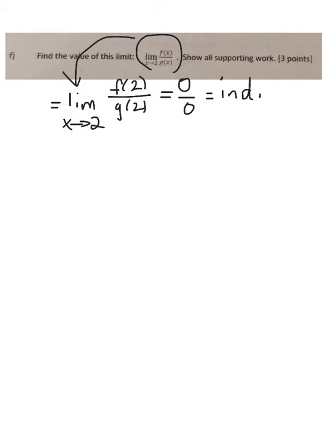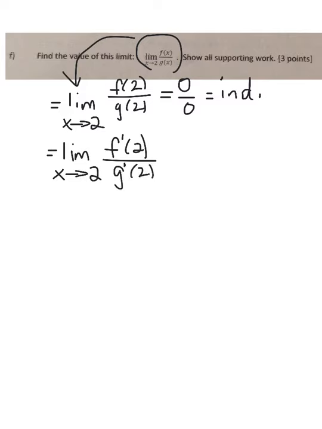Now just remember, if that happens, then you're supposed to apply L'Hopital's rule, which one of you did do. I was so excited. And that is basically taking the limit again, but you're going to take the limit at f prime of 2 and then g prime of 2.